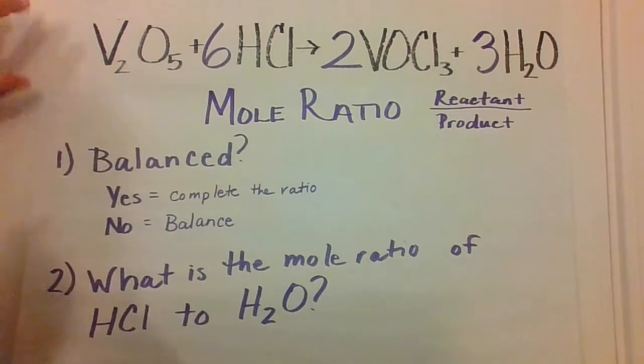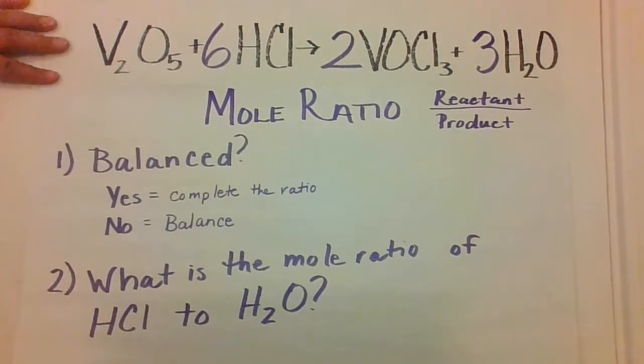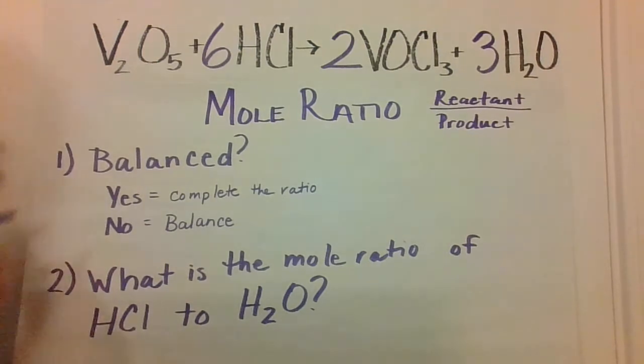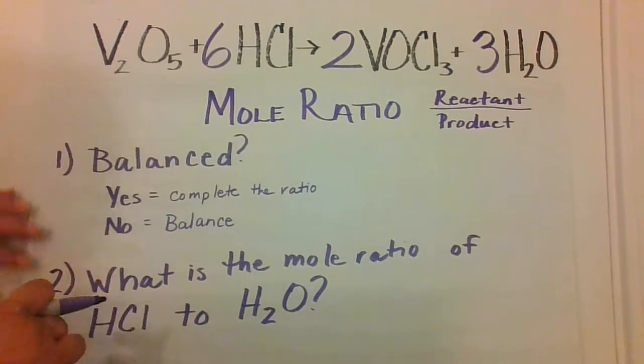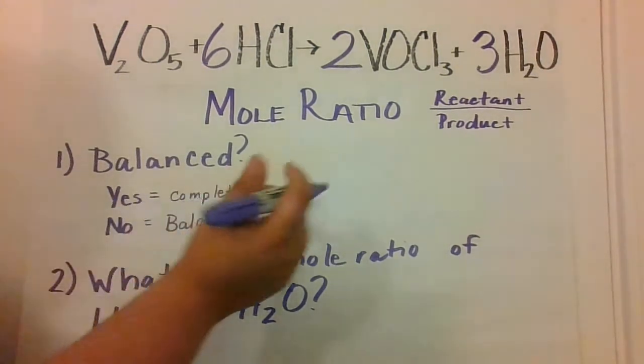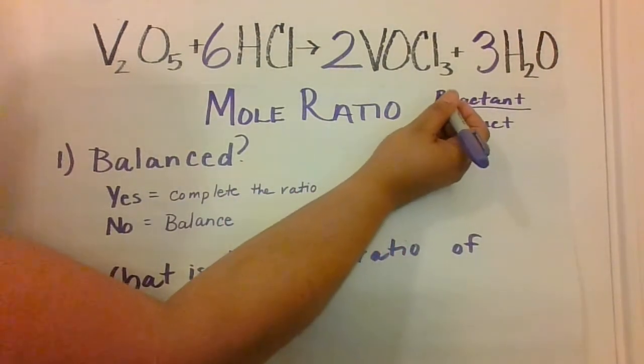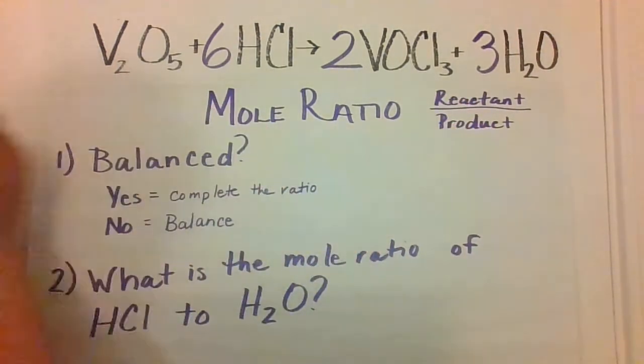Okay, so you'll utilize that same balanced equation from your previous problem, and now you're going to determine your mole ratio, remembering that we're going to have reactant over product.